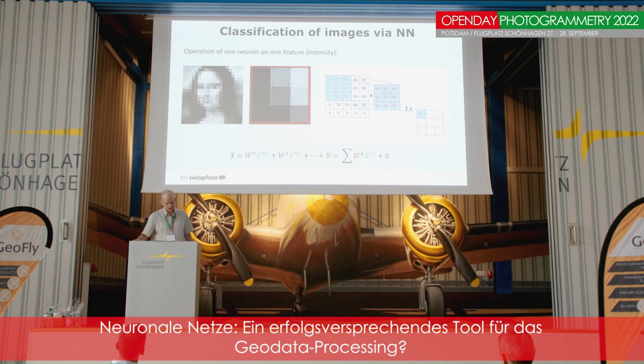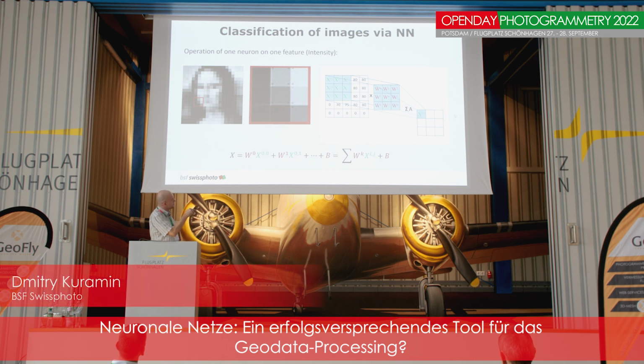In case of processing of images, it looks like the following. We work with intensity of pixels. So we perform element by element application of inputs with weights, sum everything up, apply activation function, and this is how we get answer for this pixel here.